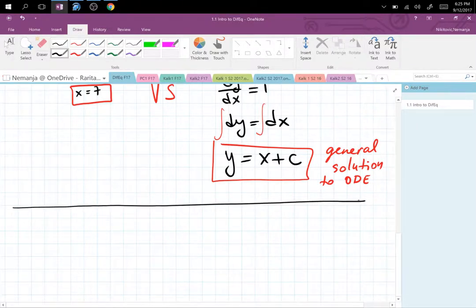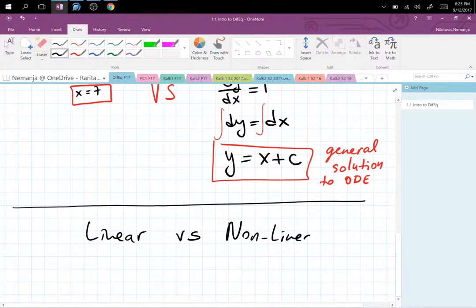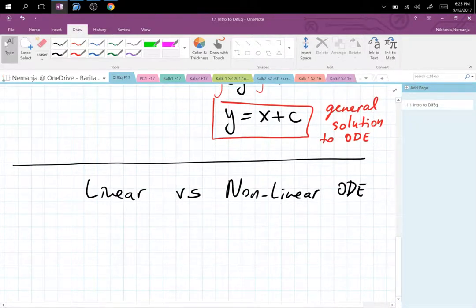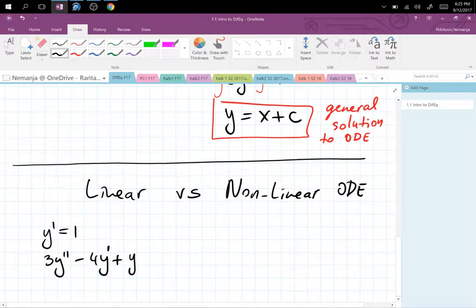So we have a classification of linear and nonlinear ODEs. Linear would be, as I mentioned earlier, y prime equals 1, maybe 3y double prime minus 4y plus, sorry, y prime plus y equals 0.